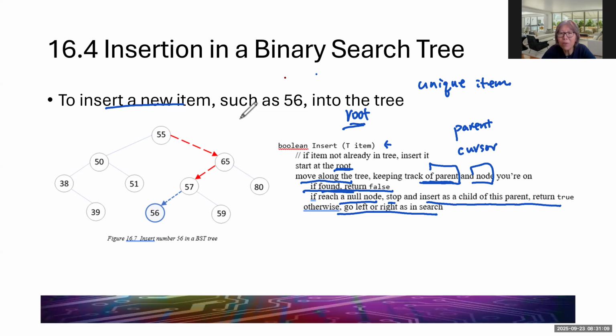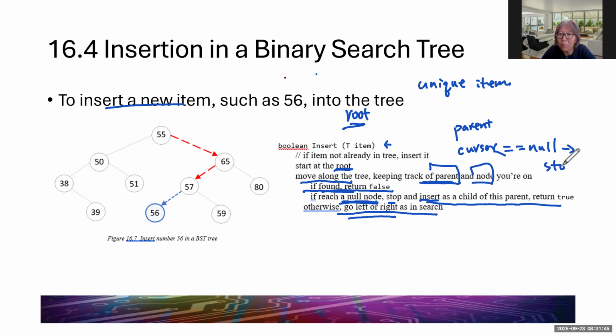So basically, insert does the search for half of the operation, as you first need to find where to insert. So that's a search. After you find the right place, then you can do the insert. The condition for us to stop the search is that you reach a null node, which means the cursor is null.